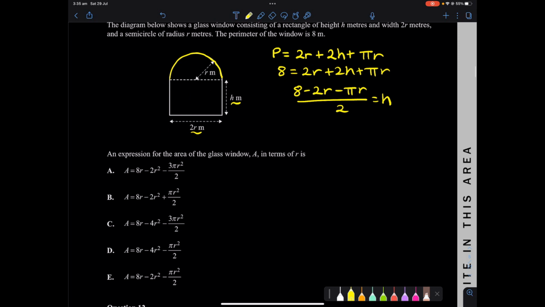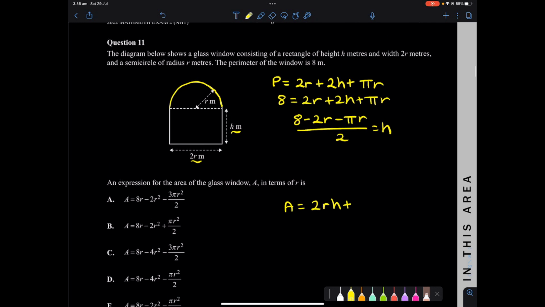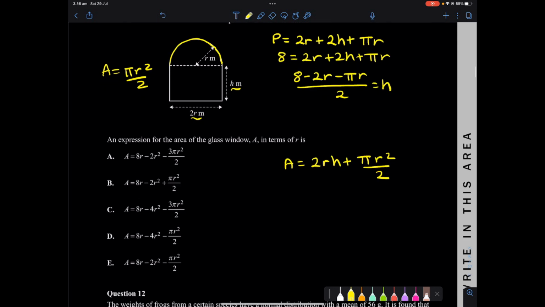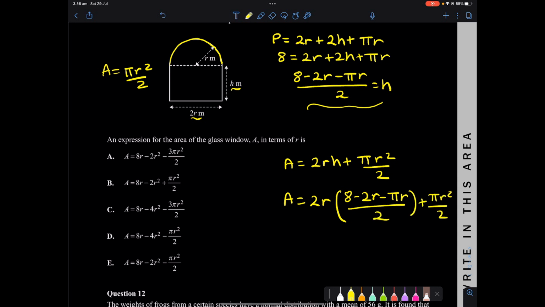Now let's calculate the area. Your area is 2rh plus the semicircle. Normally the area of a circle is pi r squared, but we divide by 2 because it's only half, so pi r squared over 2. Now we can substitute h: the area is 2r times (8 minus 2r minus pi r) over 2, plus pi r squared over 2.